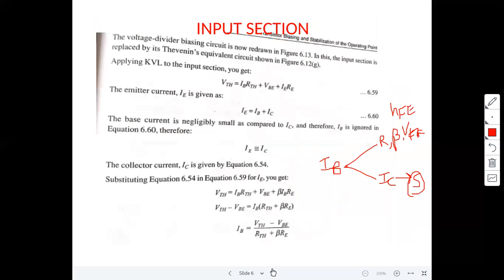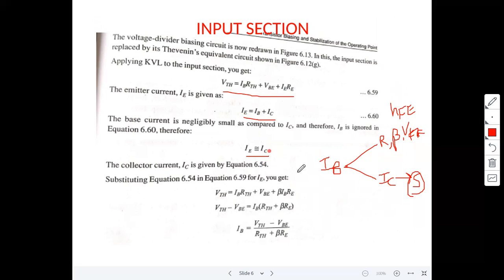Now we have to apply the KVL. VThevenin is equal to IB into RThevenin plus VBE plus IE into RE. Now IE is equal to IB plus IC. We may neglect the base current, so here we neglected the base current, then IE is approximately equal to IC.